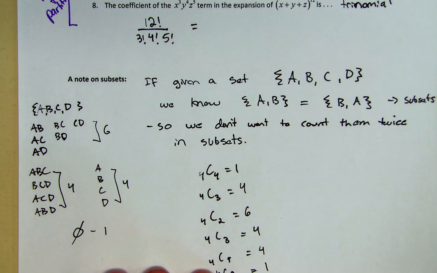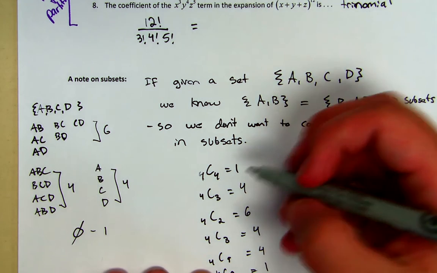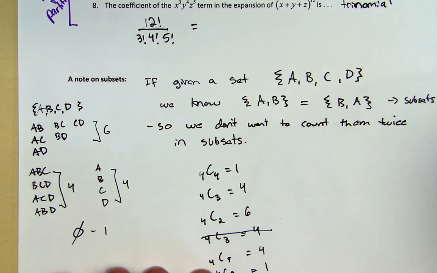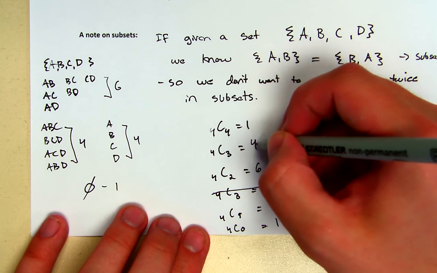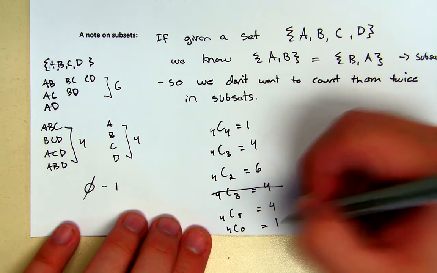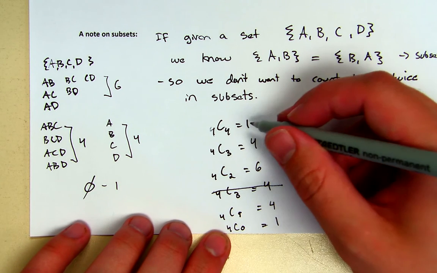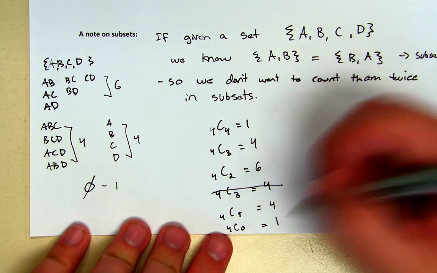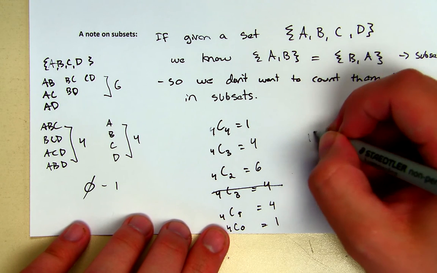So 4 choose 3, I repeated 3. Whoops, my bad. I'm sorry, guys. So I got 1, 4, 6, 4, 1. So 6 plus 4 is 10, at 15, 16. So there's 16 sets there.